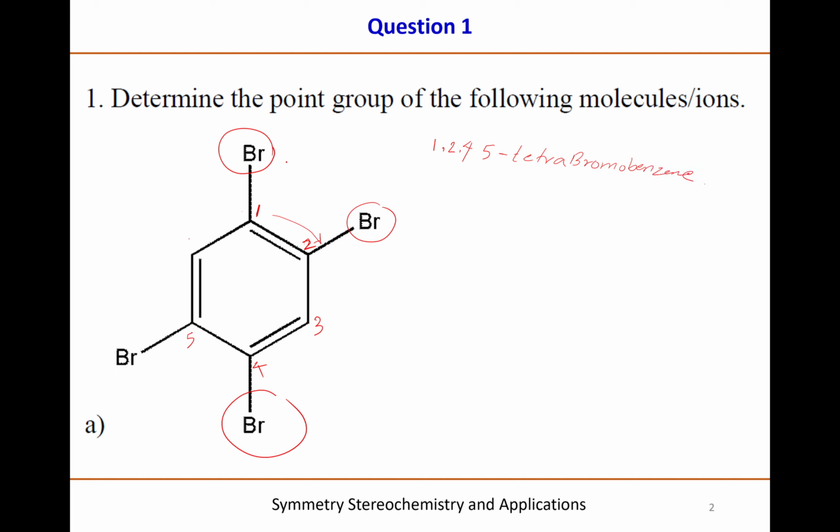Okay, this is a tetrabromobenzene. Now we have to find out the different point group or symmetry elements.